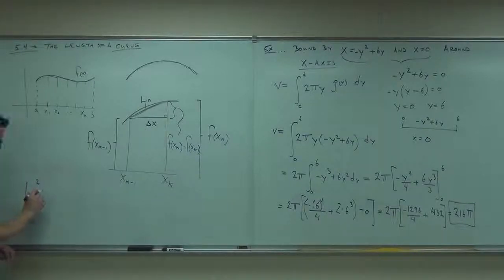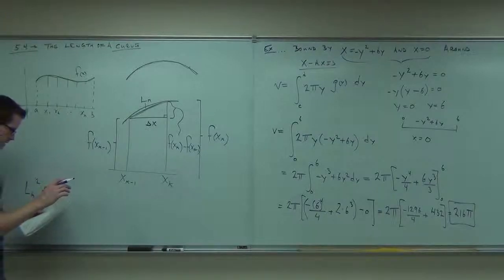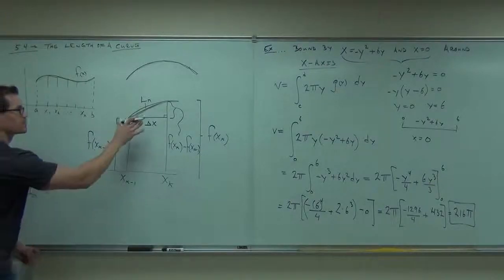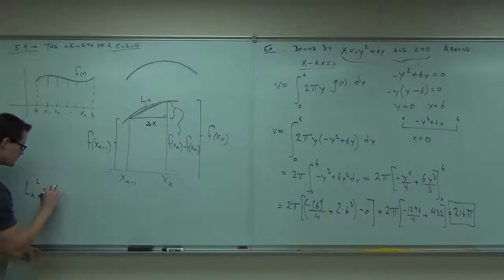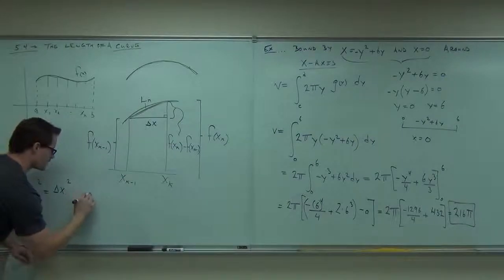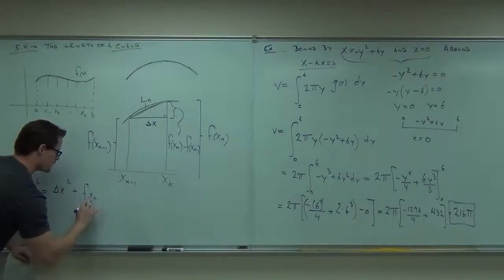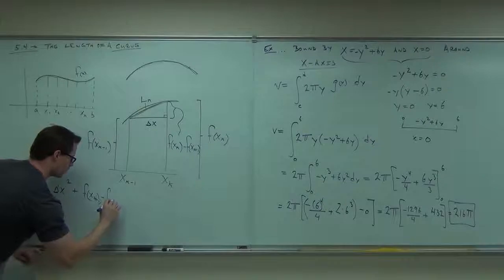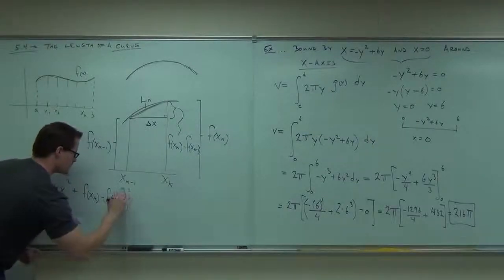Hypotenuse equals a leg squared plus a leg squared, just like that.